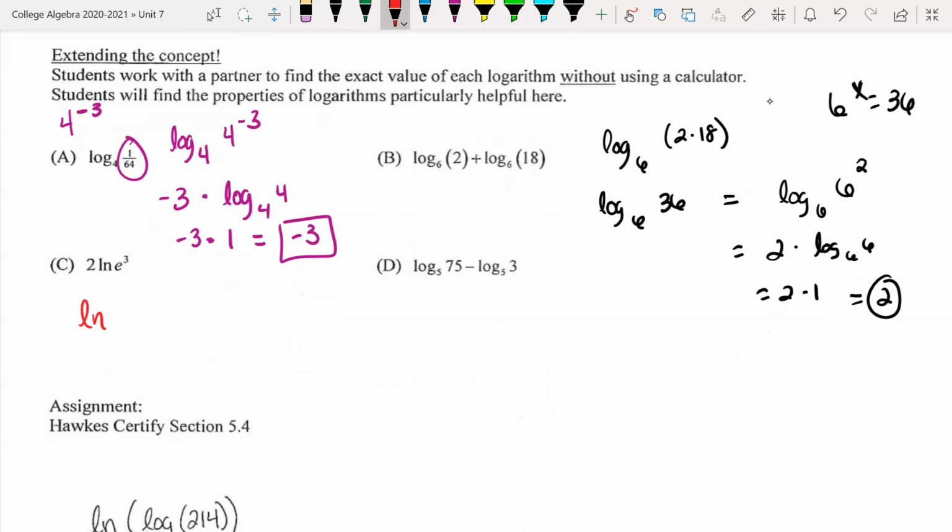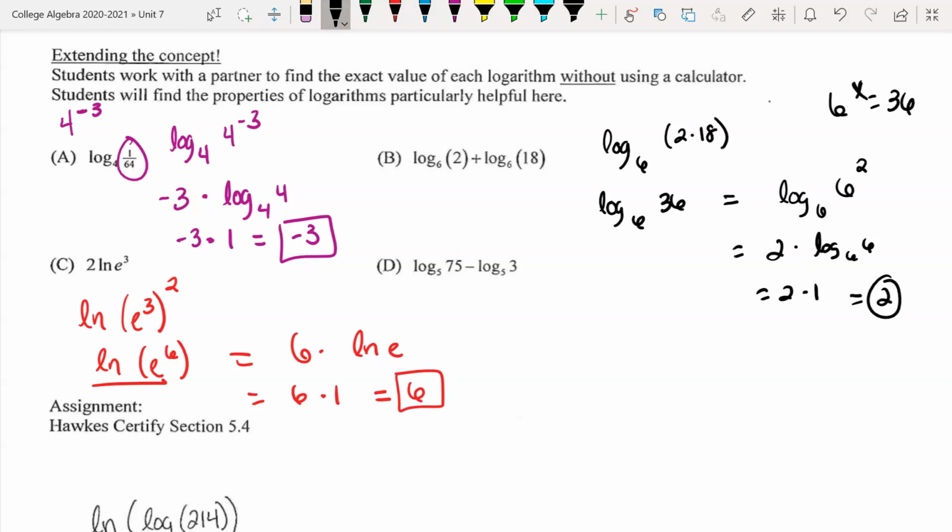Right? This would be written as natural log, common base e to the 3rd, raised to the 2nd, which would be natural log of e to the 6th. Natural log and e are inverse operations, so they just kind of cancel. So one way to think about it is like this, which is saying 6 times 1, which is 6.